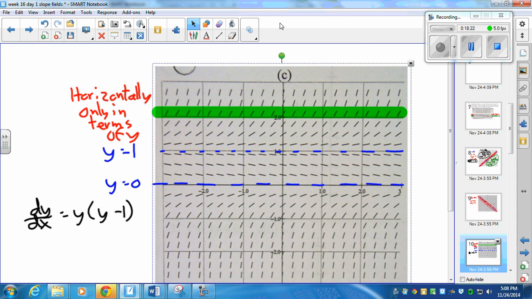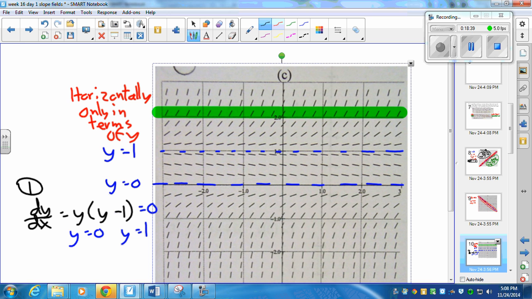And if you want to verify where those slopes are 0, they are 0 when y equals 0 or when y equals 1. So that dy dx is y times y minus 1. That is option 1.